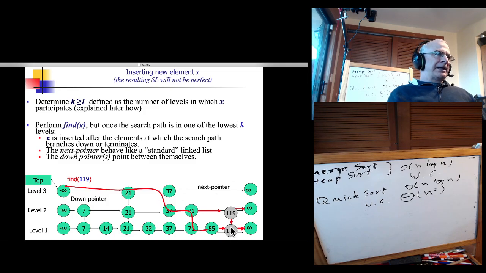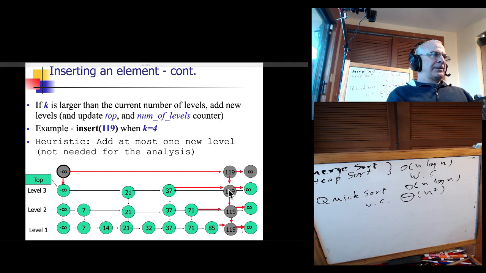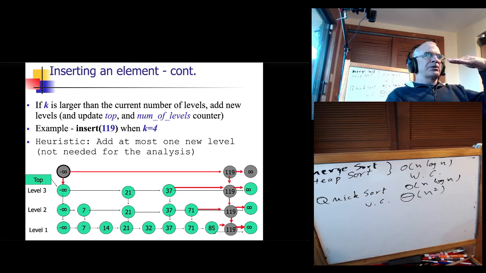So K might be 1, I participate only in the lowermost level, 2, as in this example, 3, in which case I would add another copy of 119 right here, or it could be 4, like in this example, and that's exactly the moment that the skip list grows, and it grows upward.